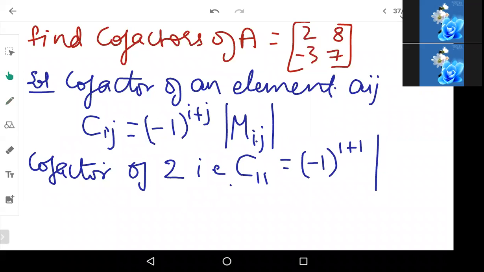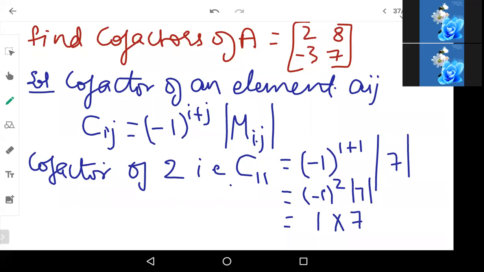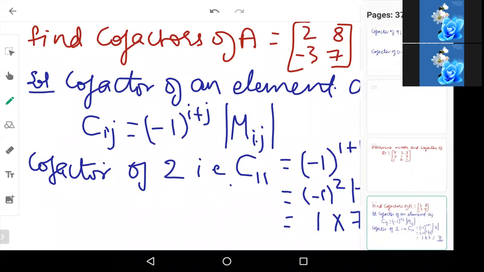So the determinant is 7. Now solve -1 to the power 2 into 7. Just write the determinant as it is. -1 squared is +1 into 7. So the cofactor of 2 is +7.